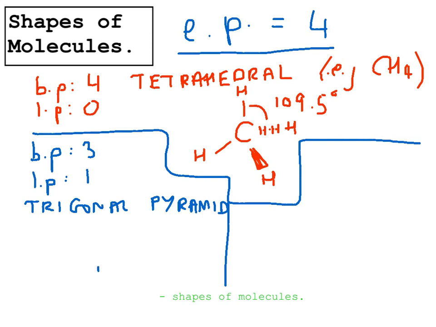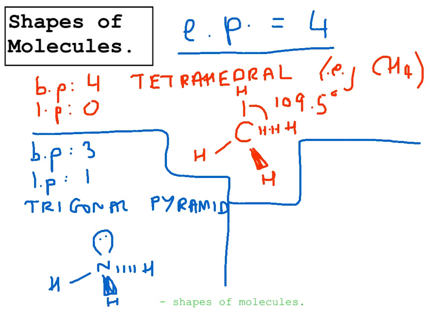And to draw that, you would have your lone pair in the plane of the paper, one of your hydrogens in the other plane of the paper, and then one hydrogen going back and one hydrogen coming forward.